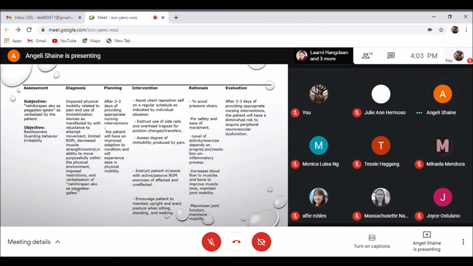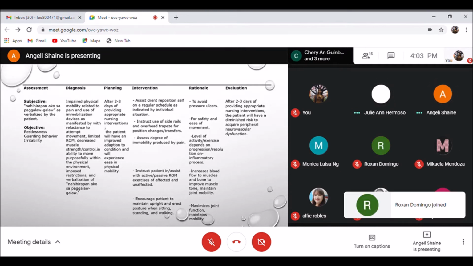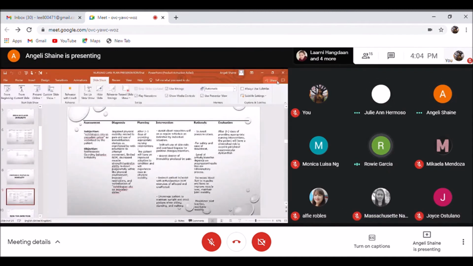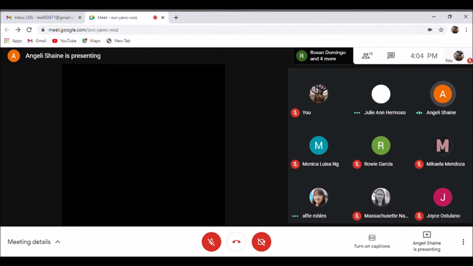Roxanne? Ate, sinabi niya wala daw siyang naririnig. Baka diretso pwede, ko. Hello? Taga-dinig. Hello? Opo. Hello? Sino magpe-present?